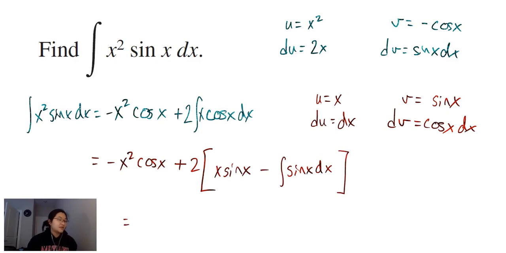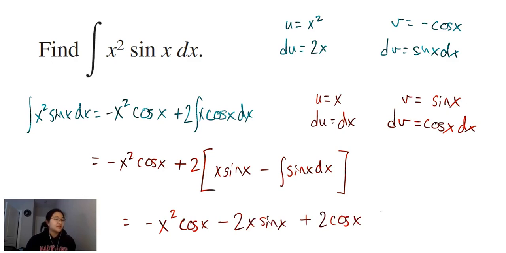And what's that? Well, the integral of sine, that's not too bad. That's just negative cosine, but then we have the negative, so then it changes to plus. So all told, we have x squared cosine x minus 2x sine x plus 2 cosine x plus c.